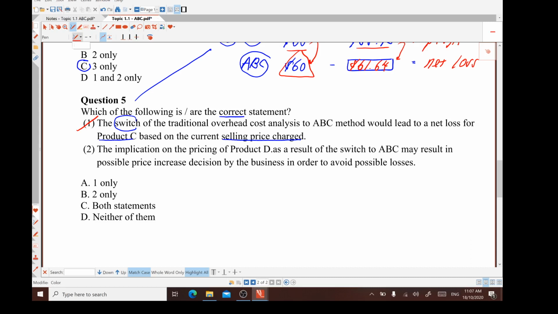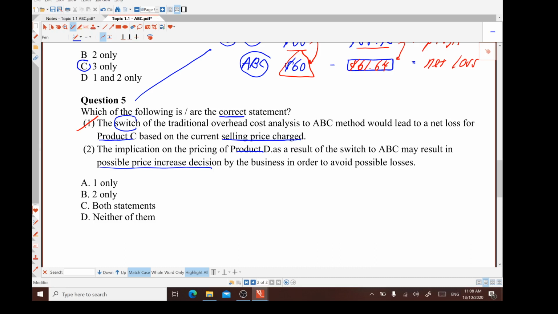It says the implication on the pricing for this product D as a result of the switch to ABC may result in a possible price increase decision by the business to avoid any possible losses.